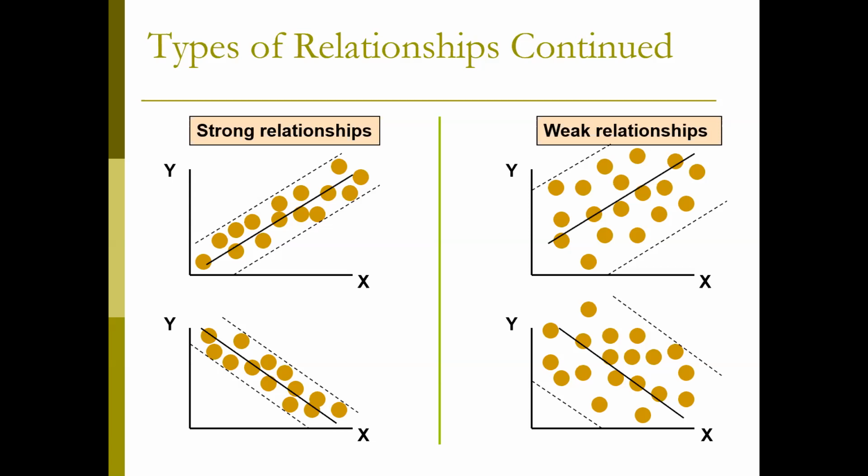In a situation where you have this kind of shape, this is indicating a strong relationship. When we're talking about the relationship between two variables, it could be strong, it could be weak. And not only that, the relationship could be a negative one, it could be a positive one. This is an example of a strong relationship.